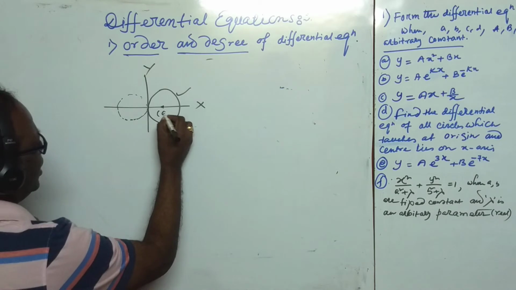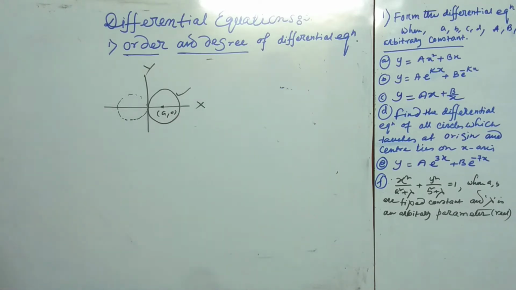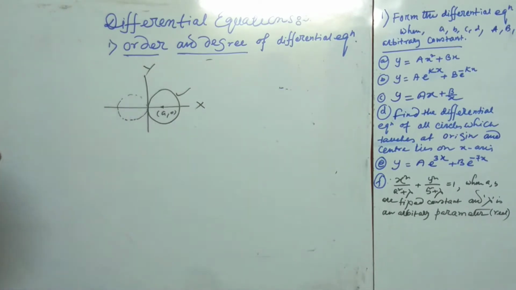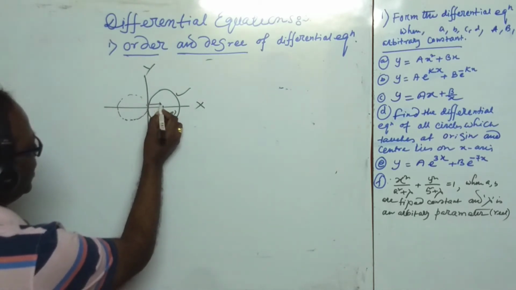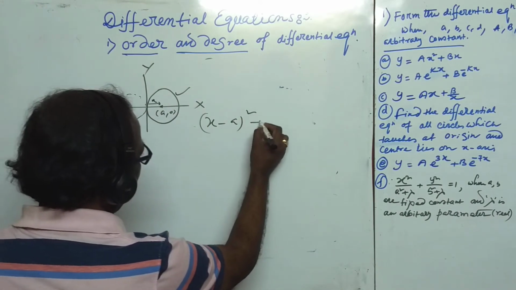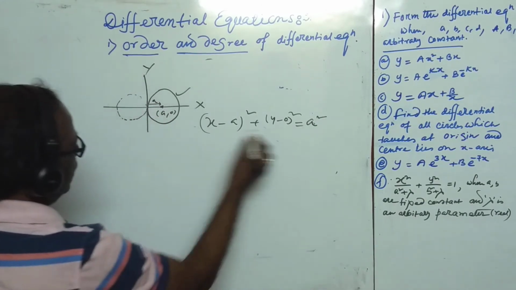Let us assume the center is a comma 0, so a is the arbitrary constant here, and we always eliminate a. In this circle, what is the equation? Center is a and radius is a. Then the equation is x minus a whole square plus y minus 0 whole square equal to a square.